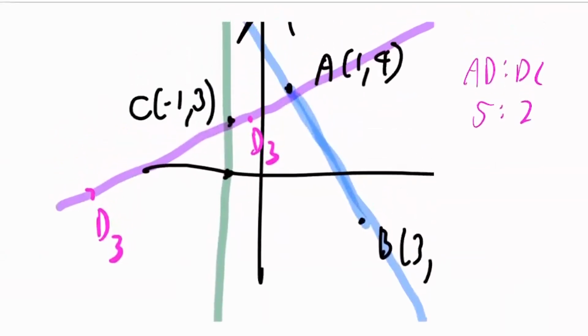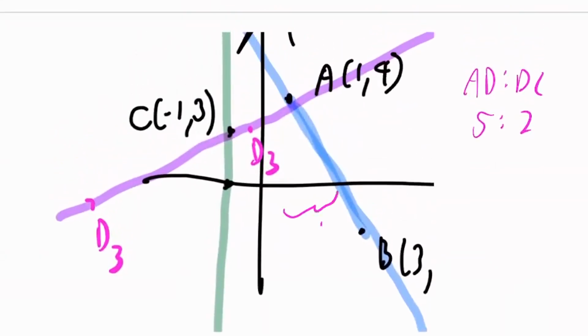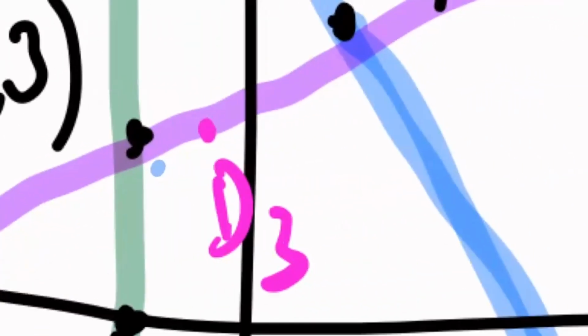So here will be 5, here will be 2. Then I can zoom in. Okay, good.